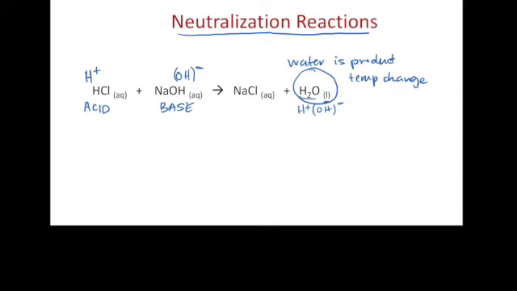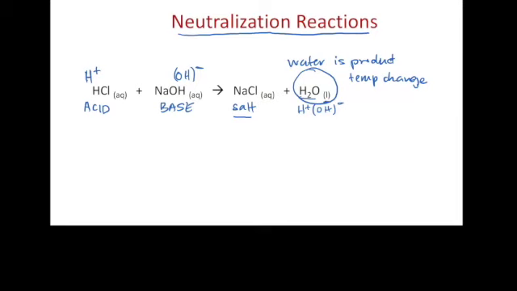It's one of the only times you can break into the polyatomic ion parentheses. So you have water, and also a salt. NaCl is table salt, but in general, any ionic compound can be called a salt.